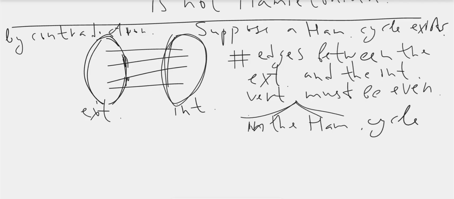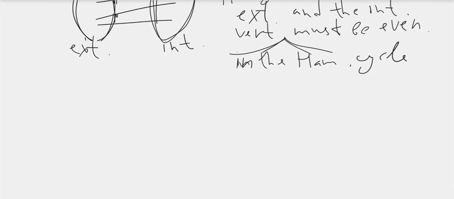In total we have 5 edges. 0 is also even, but it cannot be 0, because then we would visit only the external or only the internal vertices, but we must visit all vertices. So it cannot be 0, it must be even, but in total we have 5.